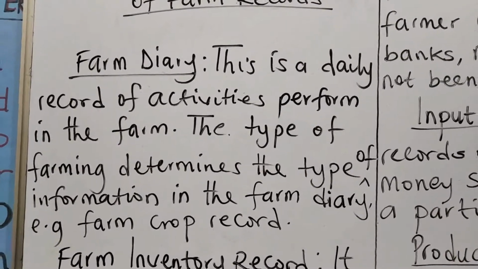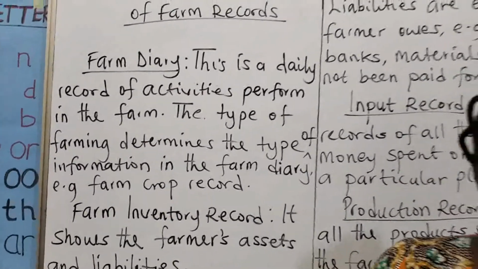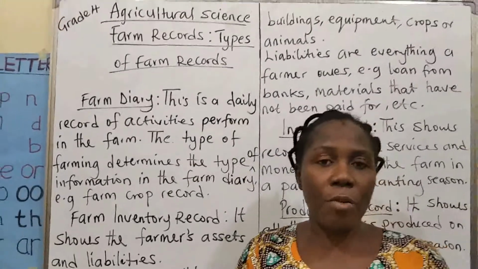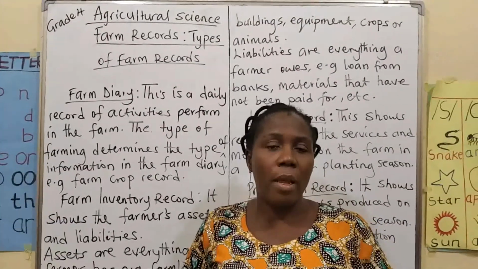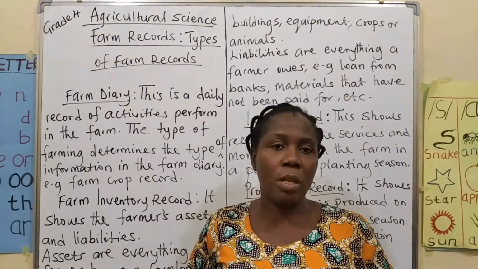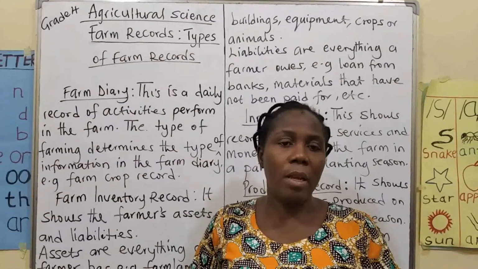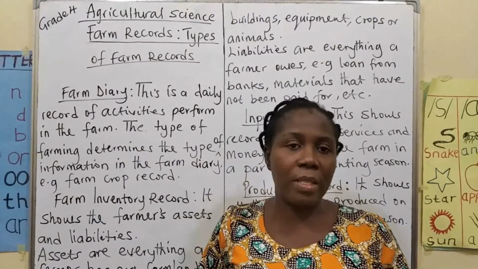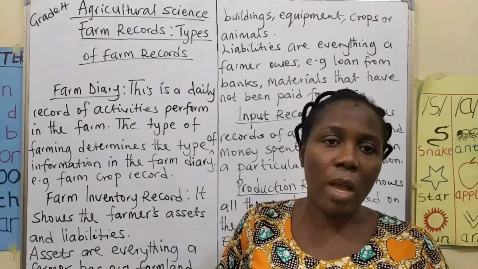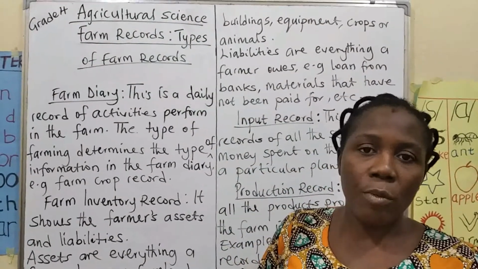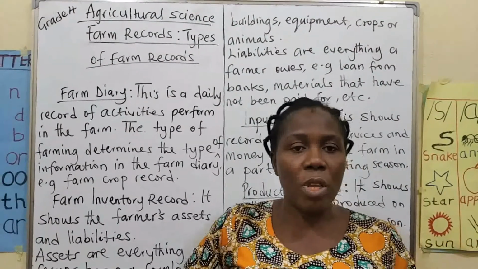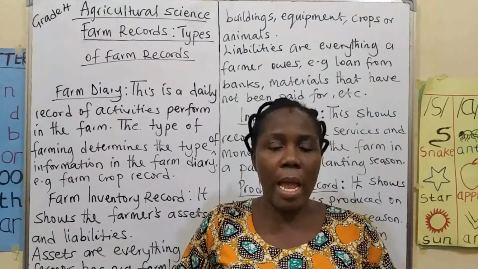That means if you are a crop farmer, what you have in your farm diary will indicate your crop plantation. If you are an animal farmer, a person that is rearing livestock, what you have in your farm diary will give information about your animals.